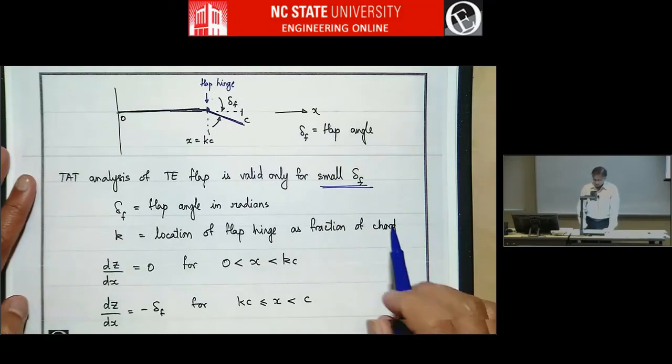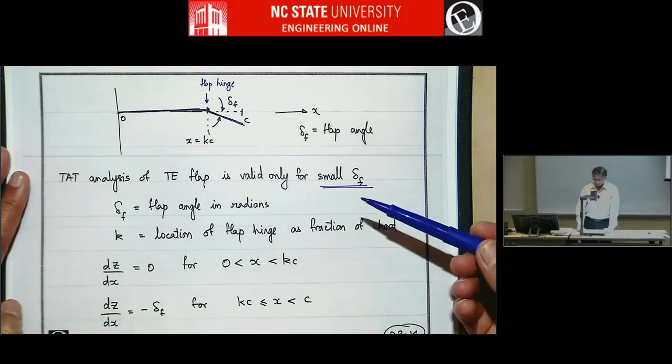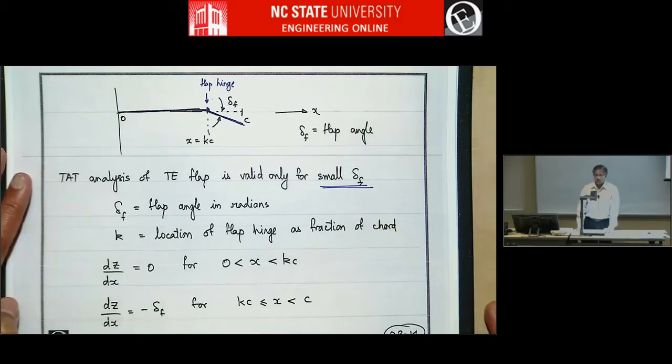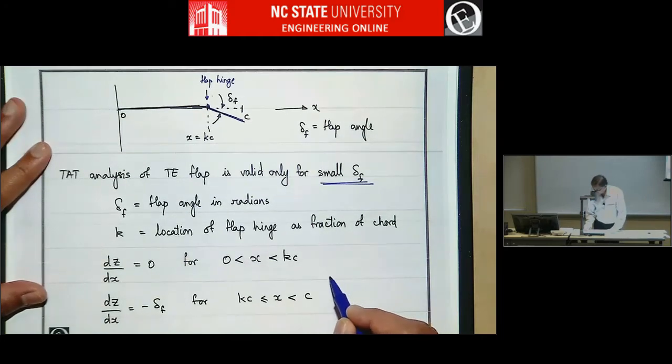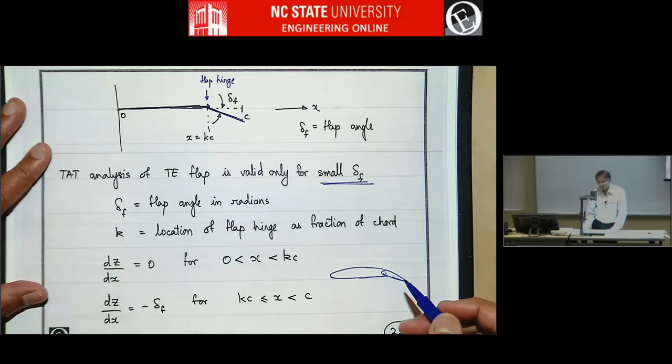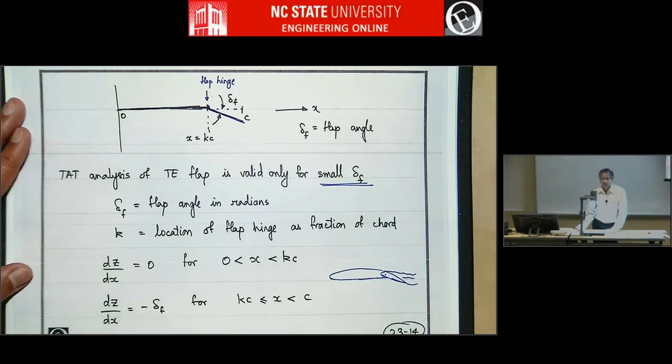And the other reason this particular part of thin airfoil theory easily breaks down is because in an airfoil, if you have a flap, usually you'll have flow separation, right? So even after about 5 degrees or 10 degrees, you might have flow separation. And so these viscous effects will make the predictions from thin airfoil theory not be very valid.